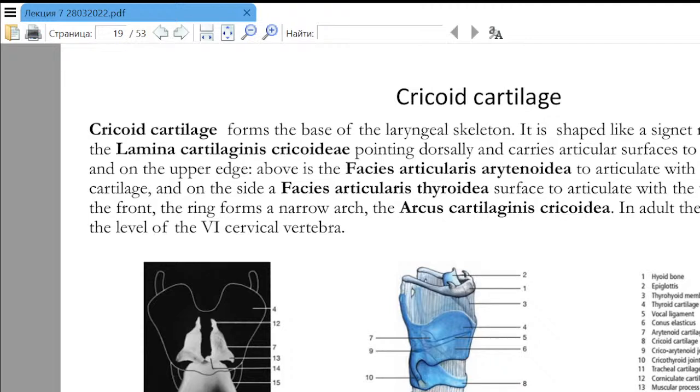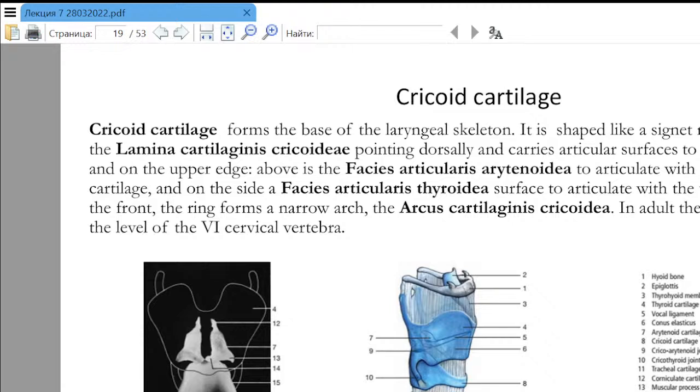In front, the ring forms a narrow arch, the arcus cartilaginis cricoideae, and behind the lamina. In an adult, the cricoid cartilage is at the level of the sixth cervical vertebra. This is the cricoid cartilage.